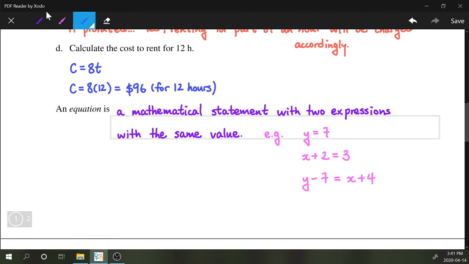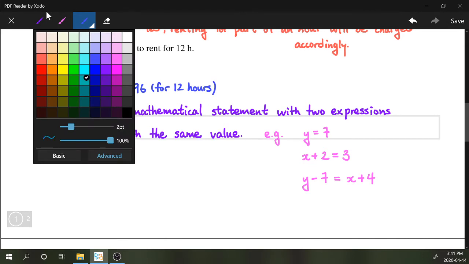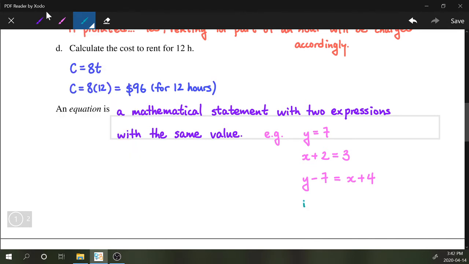So let's say if x is equal to 5, then we have y minus 7 is equal to 5 plus 4.